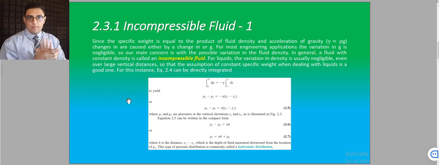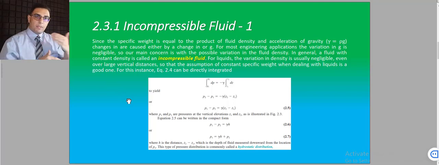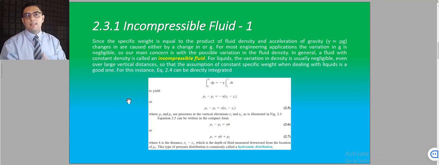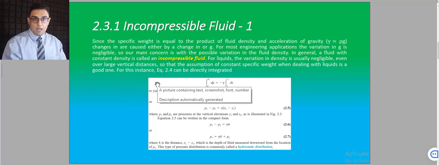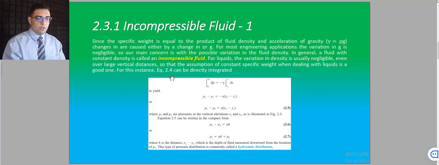As you know, the specific weight is the density multiplied by the gravity acceleration, which is g. In engineering, the gravity acceleration g is always constant. So this means that we have to look after the consistency of density.